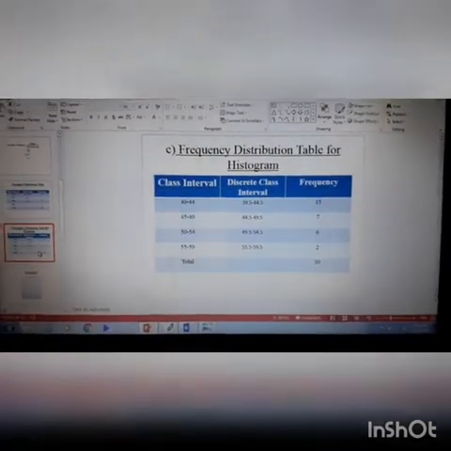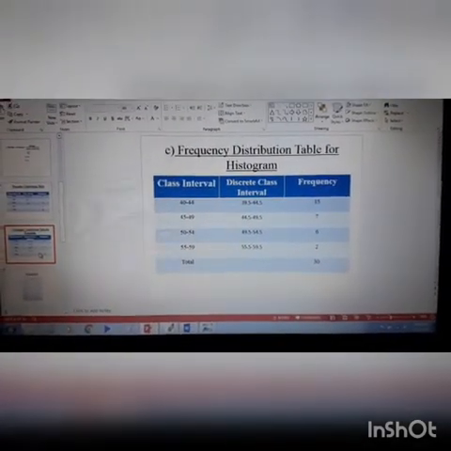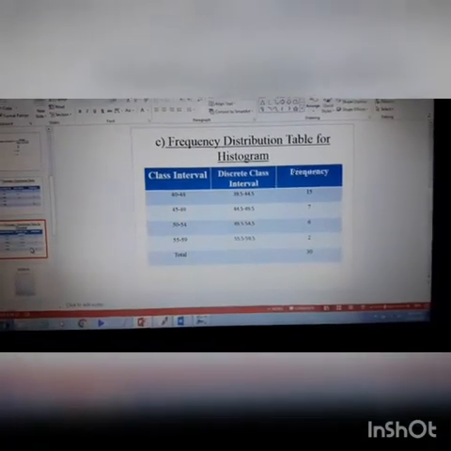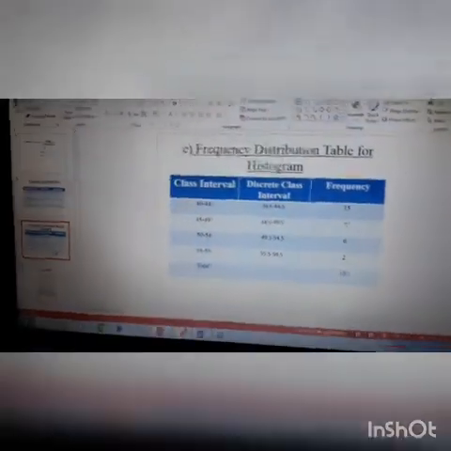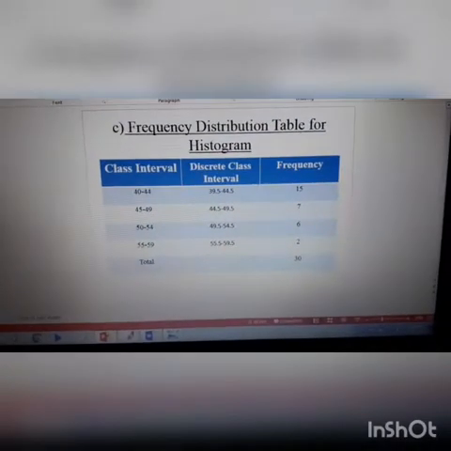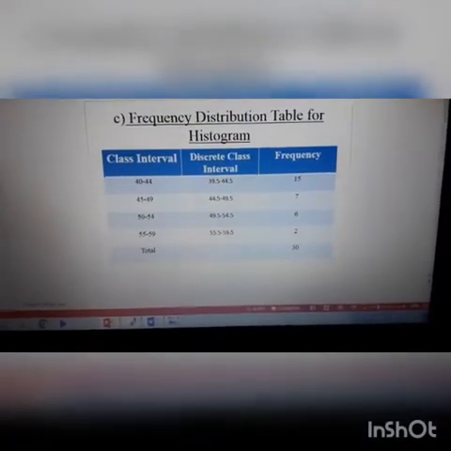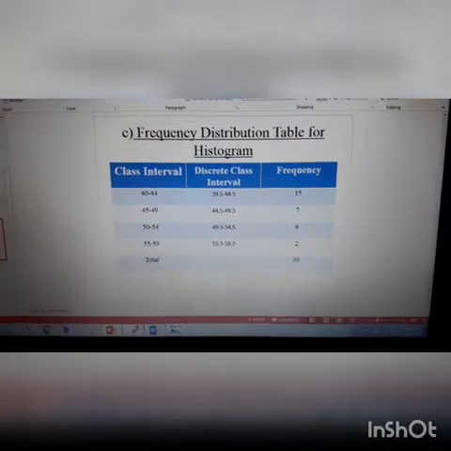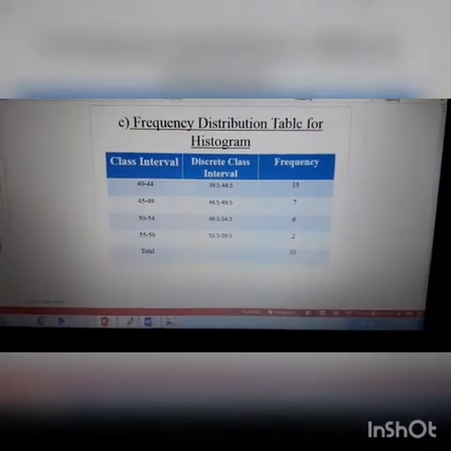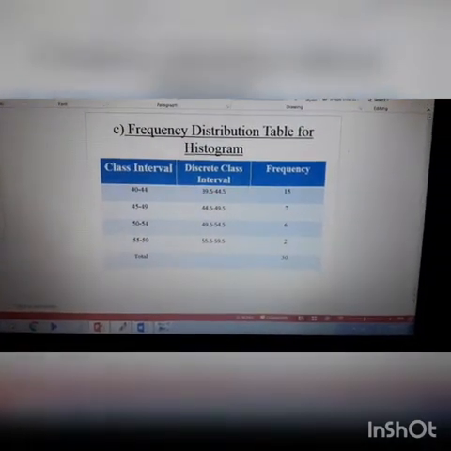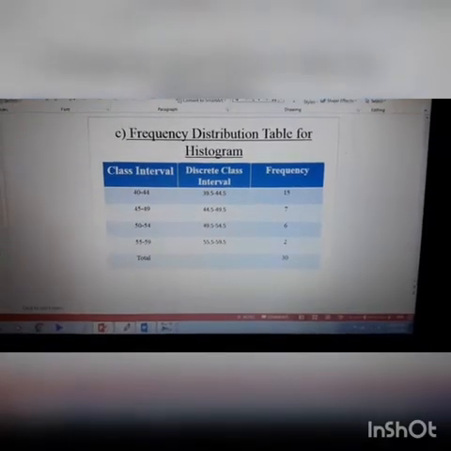But the most important topic is to draw a histogram. To draw a histogram we must have a frequency distribution table. Dear all, in a histogram we get some rectangles, and in between the rectangles there must not be any gap.